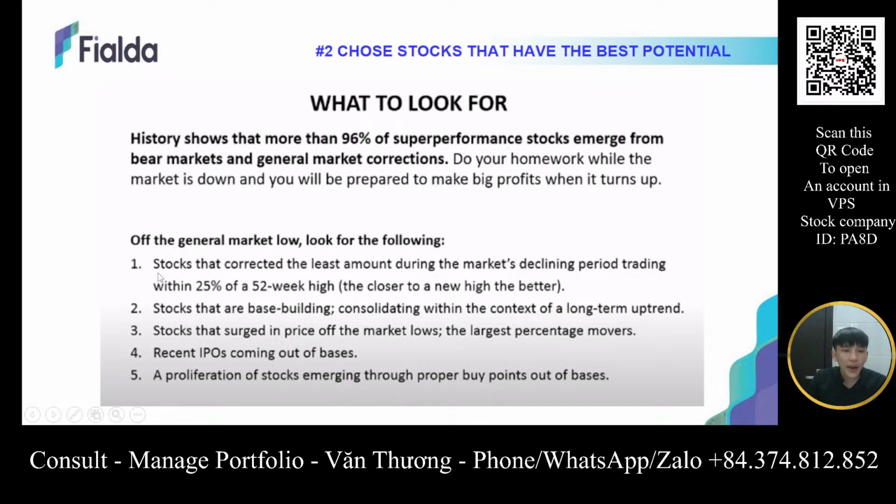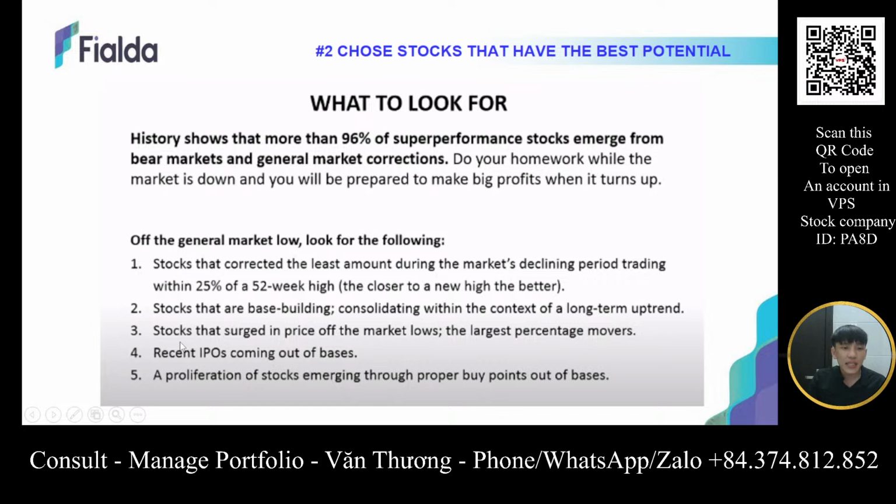Number one, stocks that correct the least amount during the market declining period, trading within 25% of the 52-week high. The closer to the new high, the better. Number two, stocks that are base building, consolidating within the context of a long-term uptrend.